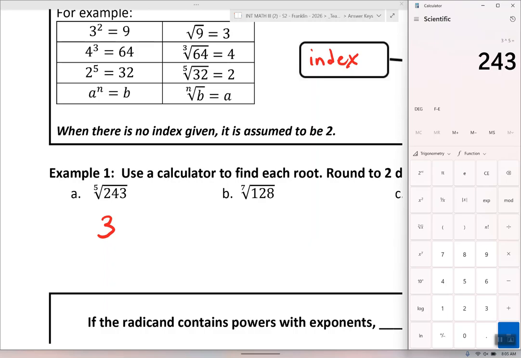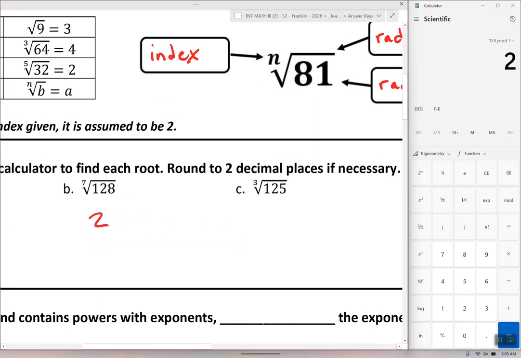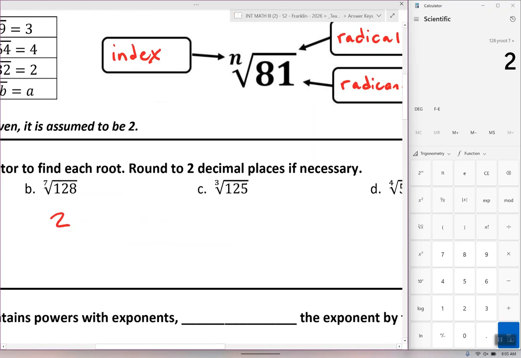Just to make sure it does equal 243, and it does. So the seventh root of 128 is going to be 2, because 2 to the seventh is 128. The third root of 125, I'm guessing this is going to be 5. 5 times 5 times 5, I do believe, is 125. Well, it'll help if I put the right number in.